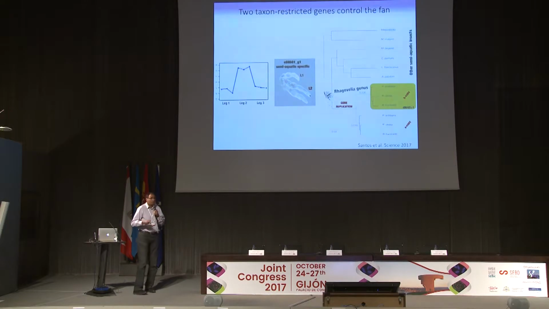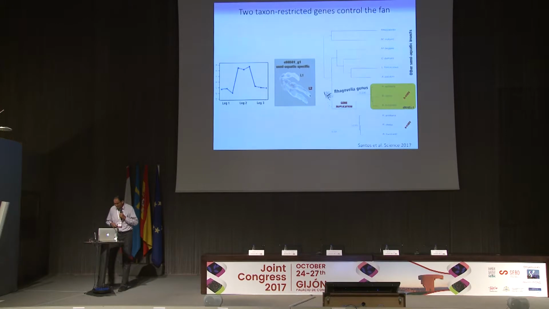What this allows us to do is to map an event of gene duplication that happened exactly at the time when the fan evolved in this lineage. So now we have 2 very striking events. One of them is a gain of regulation or expression of these 2 paralogs in the tip of the leg where the fan will form. And the other one is a mapping of this gene duplication exactly where the fan appeared during evolution.